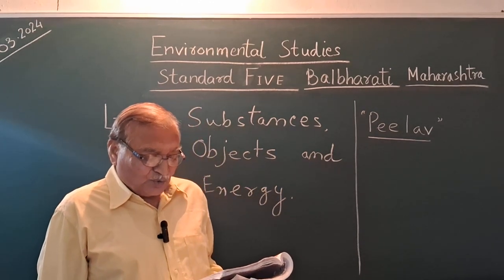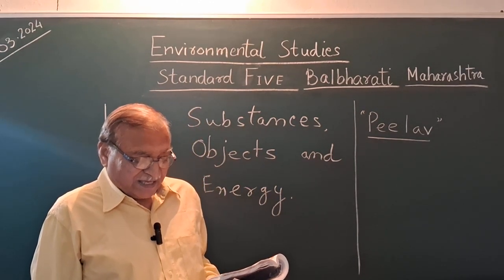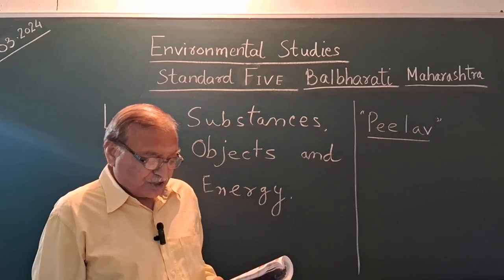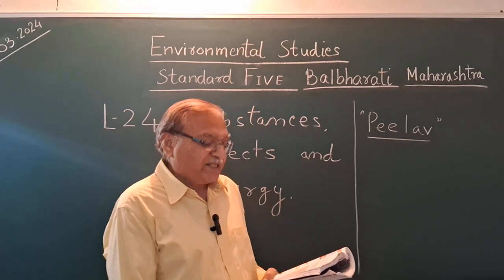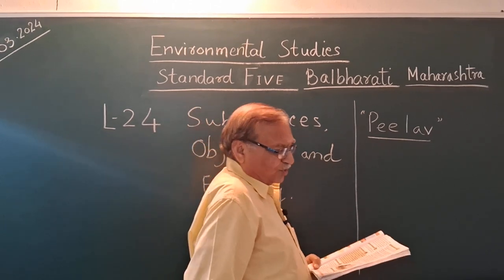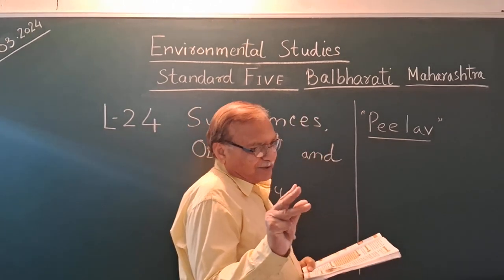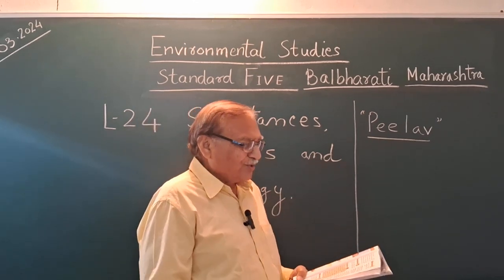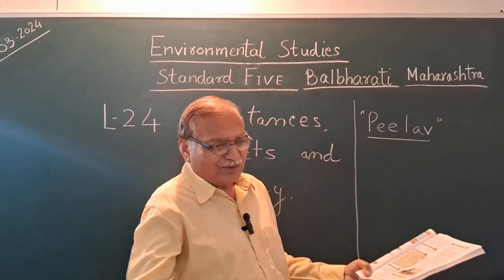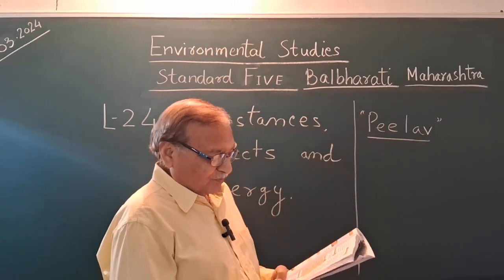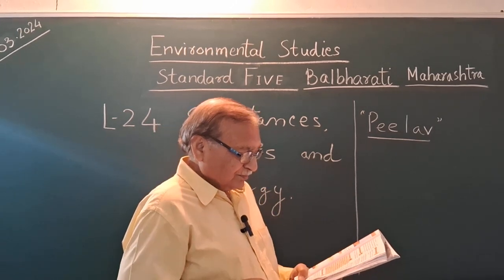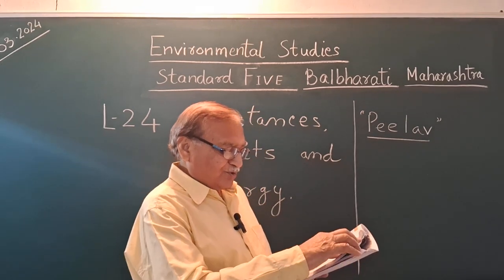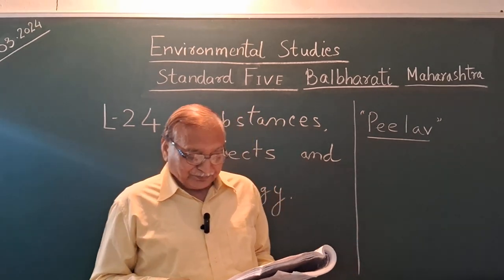So the cloths too smell of naphthalene. As the particles leave, the naphthalene balls grow smaller in size and slowly disappear. They become smaller and smaller, and in the end they finish. Where does it go? It goes and sticks around the substances which are nearby it and gets converted into vapors. Naphthalene balls get converted into gaseous vapors.